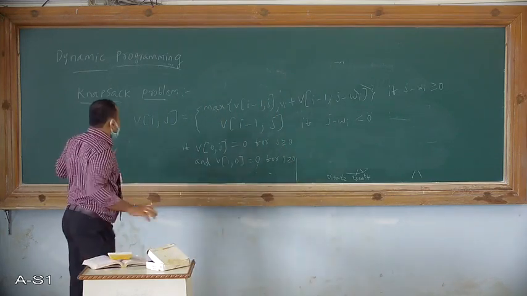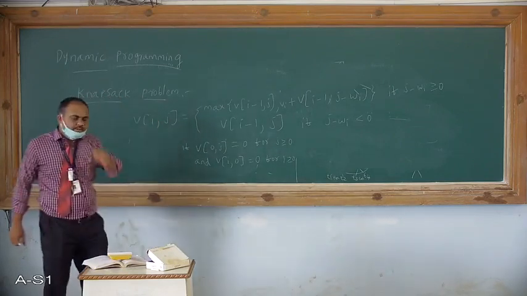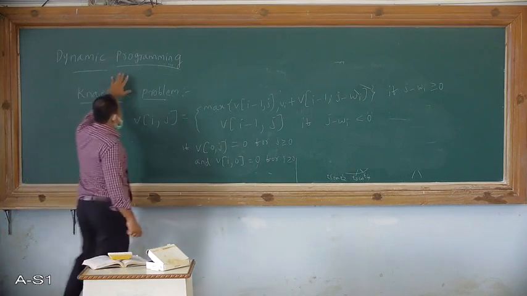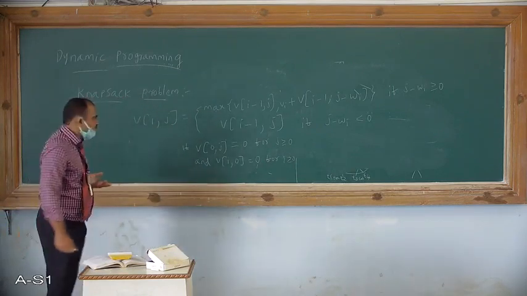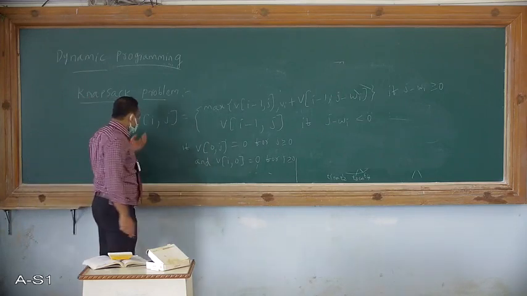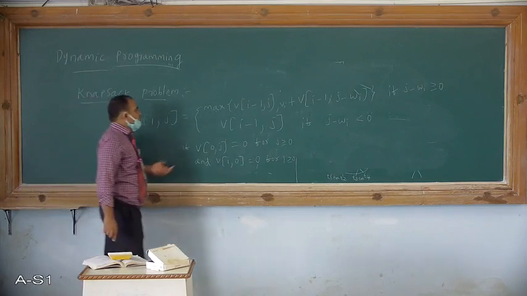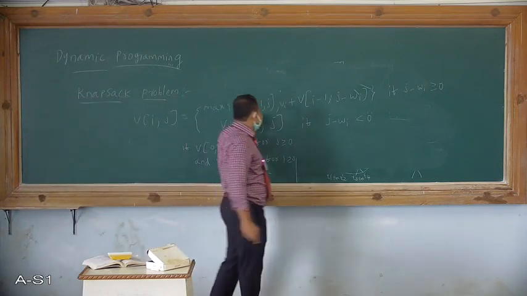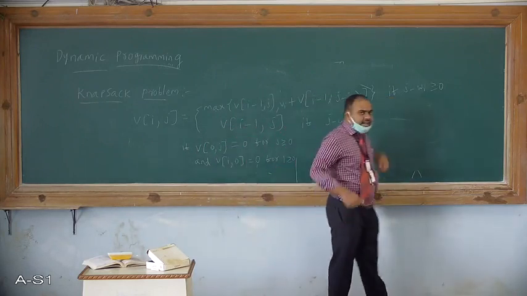So we will analyze it once again. Let us see. This is a knapsack problem which comes under the dynamic programming technique. So here first, V of ij we will calculate. How will it be calculated? Maximum of V of i minus 1. Firstly, what is the formula? We will check the i and j values.